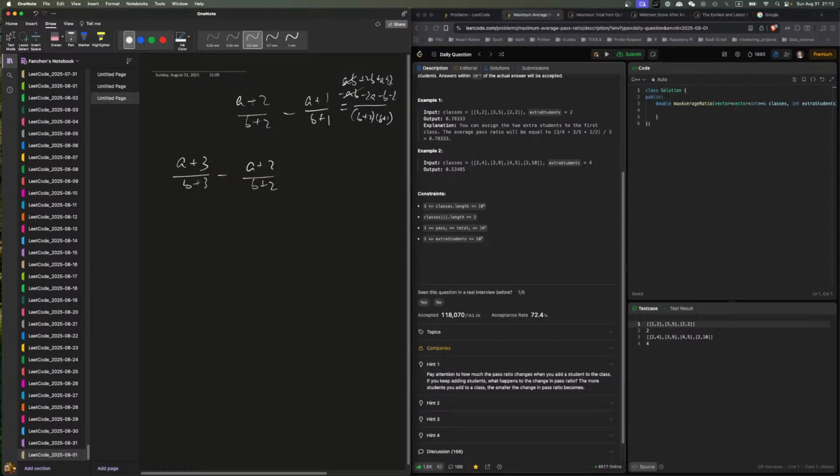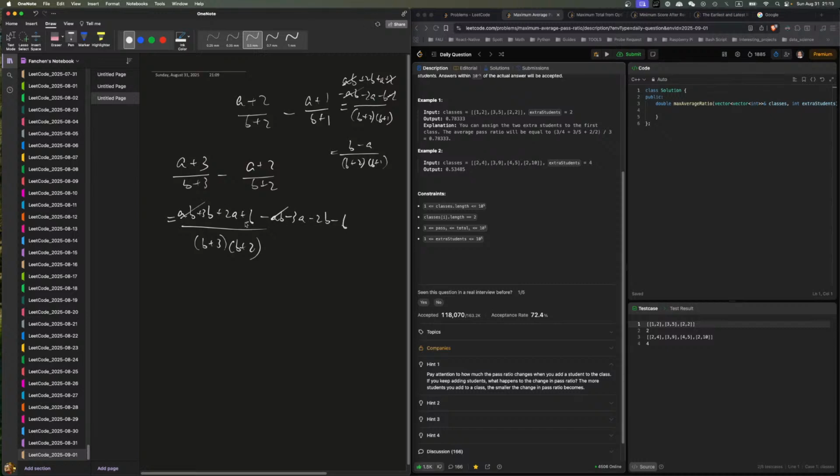So AB is gone, and this comes out to B minus A. And this is AB, 3B, 2A, 6, minus AB, 3A, 2B, 6.